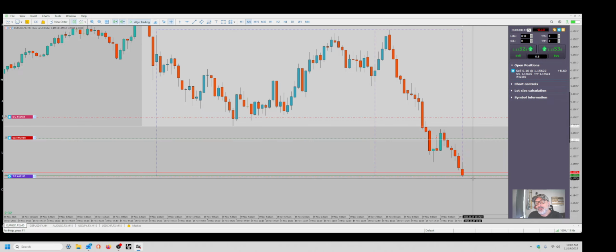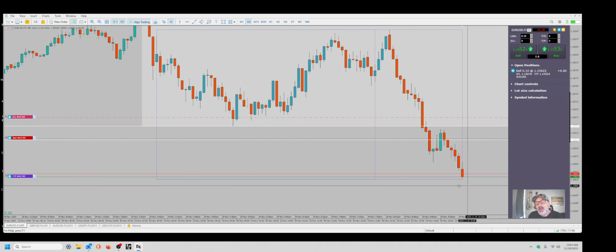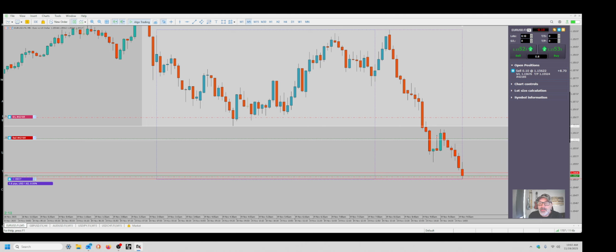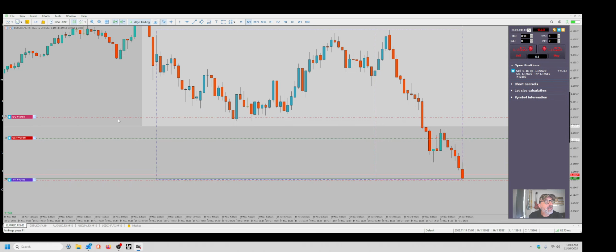All right, we are making newer lows here, and I will probably get to the target, and I can move the target down if I wanted. Maybe we can move it to here now, between the low of this candle, and then we could take our stop and definitely go to break even here. So I'll show you how to do that.